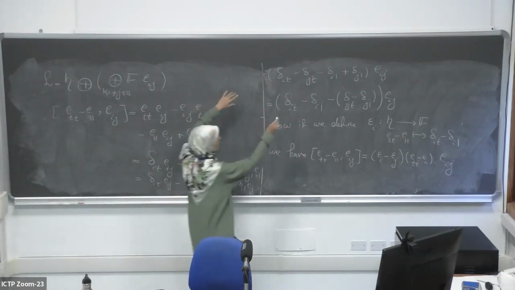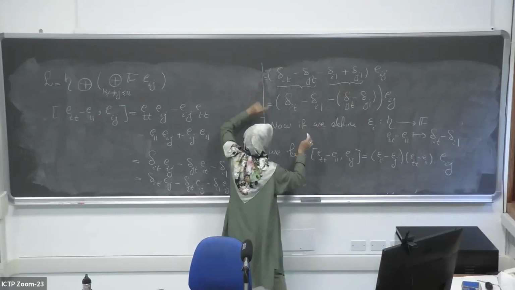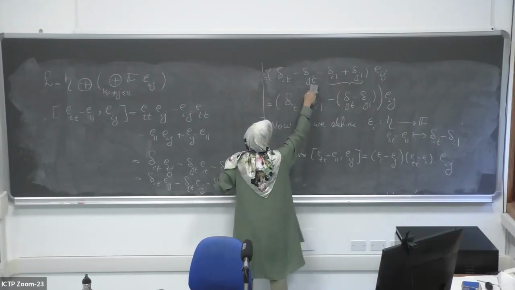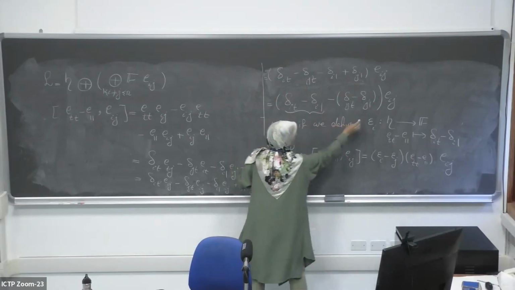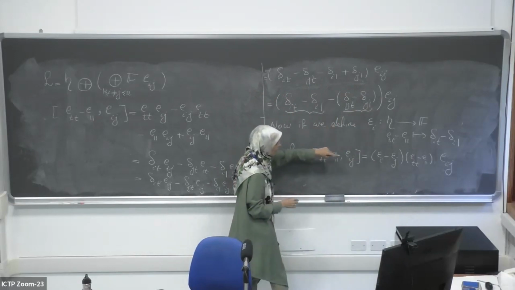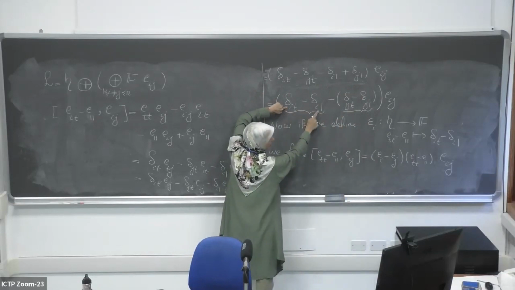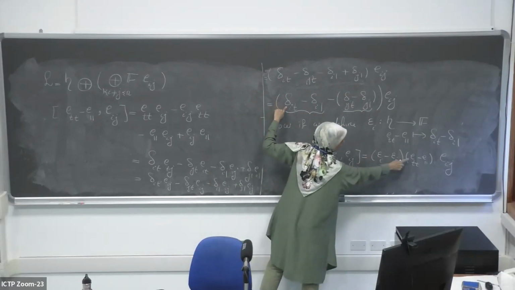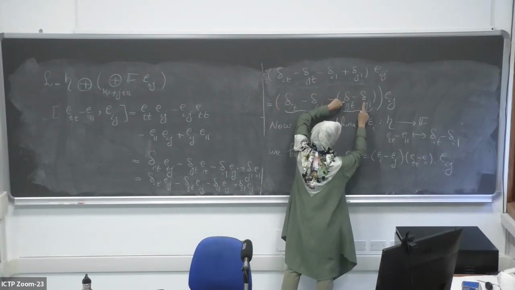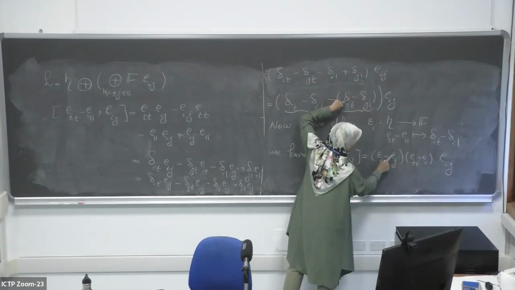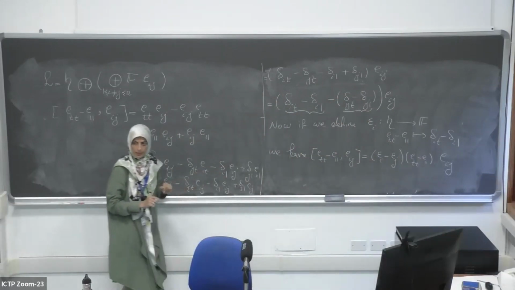Instead of this one and this one, I put epsilon_i instead of delta_it minus delta_i1, I put epsilon_i on E_tt minus E_11, and instead of delta_jt minus delta_j1, I put epsilon_j on E_tt minus E_11, right?